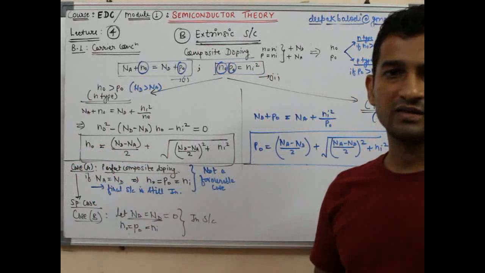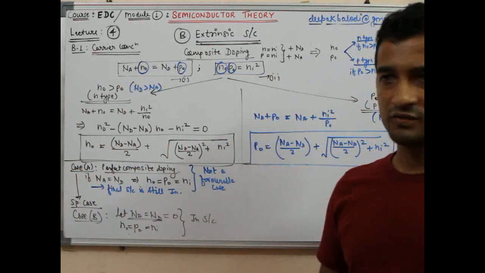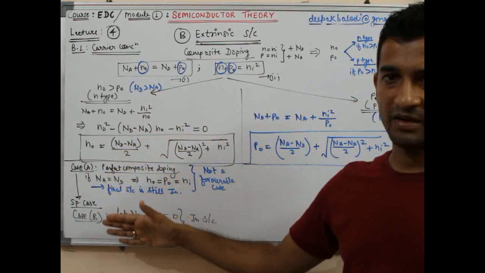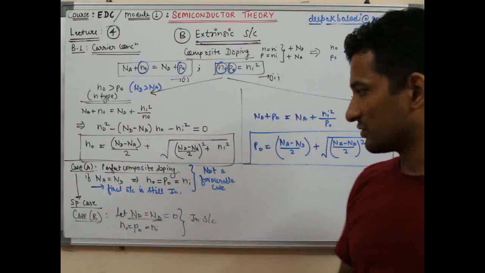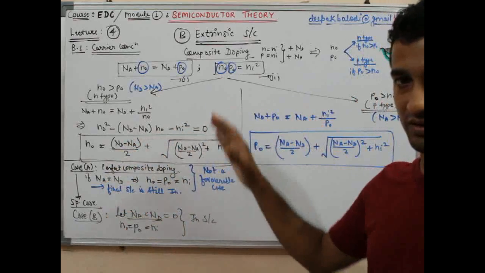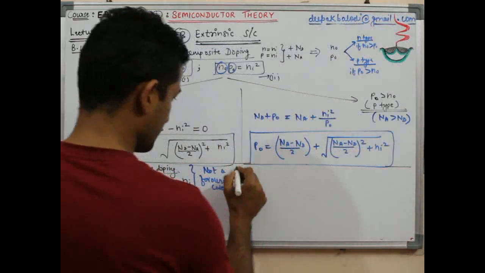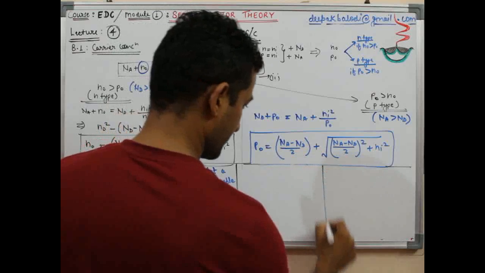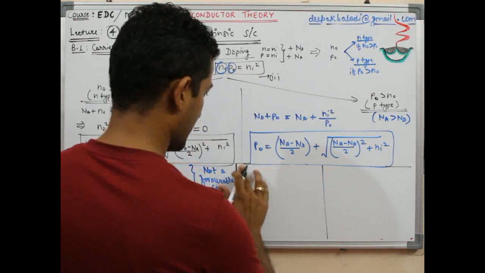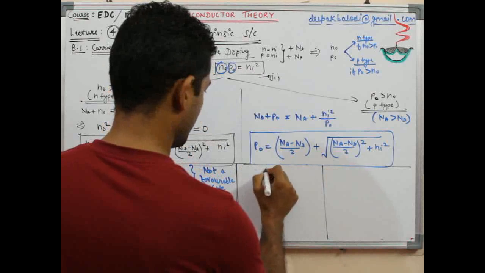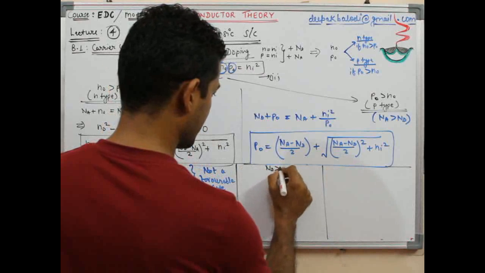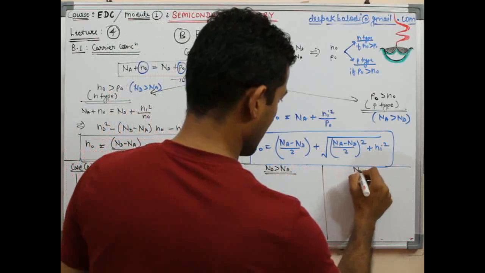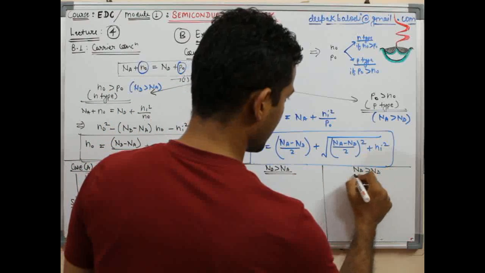So these two are the cases which are not useful, and these equations are not showing any benefit out of this. The main benefit of these processes is to calculate the more relevant cases. Like if it happens to be N-type, let's say Nd is greater than Na, or if Na is greater than Nd.